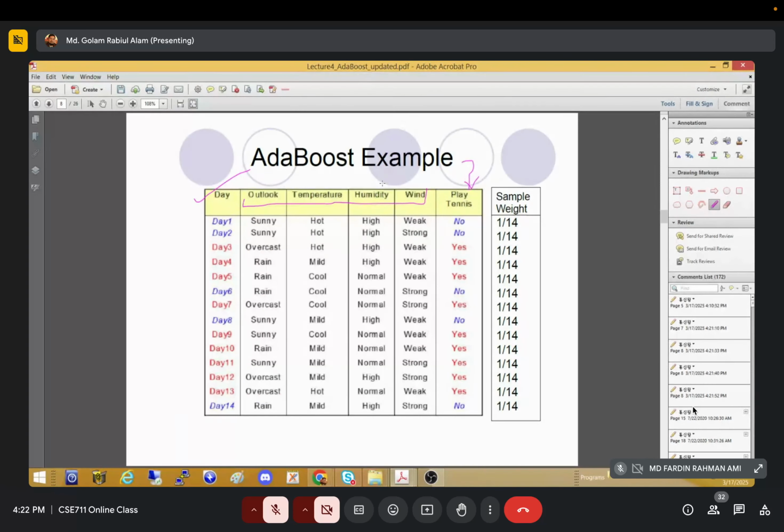Based on the weather factors, we want to predict whether there will be a tennis match or not. In this data set, we have the record of 14 days of data.